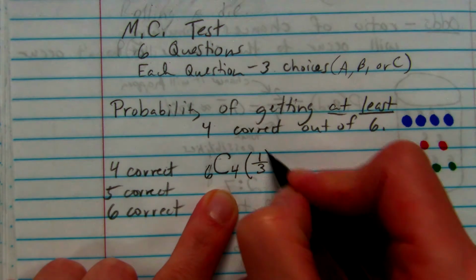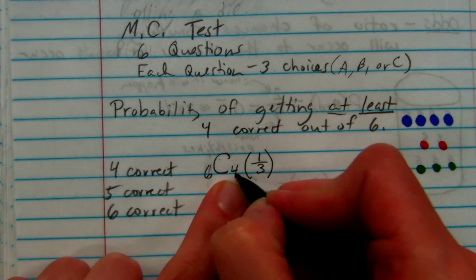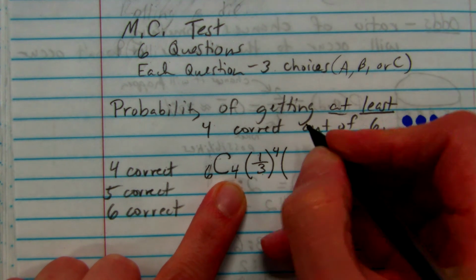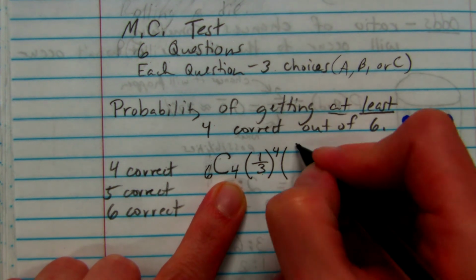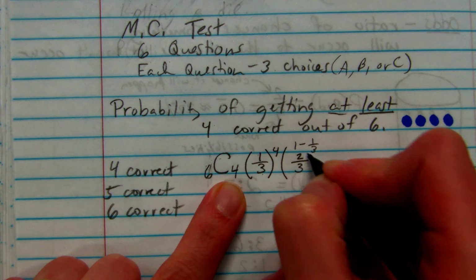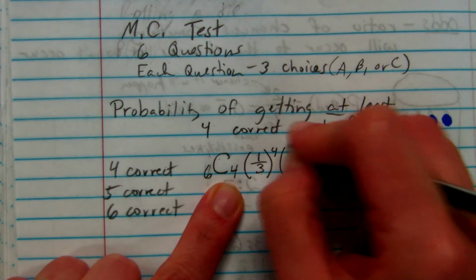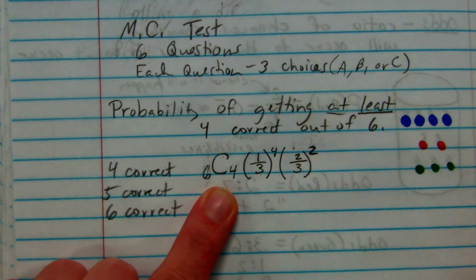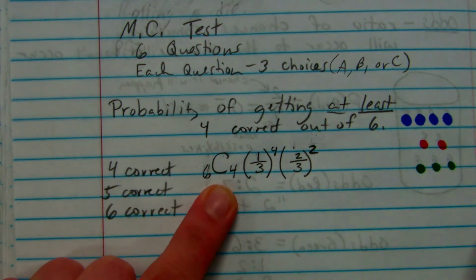And then we are going to get 4 correct, so the power is 4. If there's a 1/3 chance you're going to get it correct, you subtract from 1, so 1 minus 1/3 is 2/3. That means there's 2/3 chance we're not going to get it correct, and so that would be 4 correct and 2 incorrect, and we could type those in.